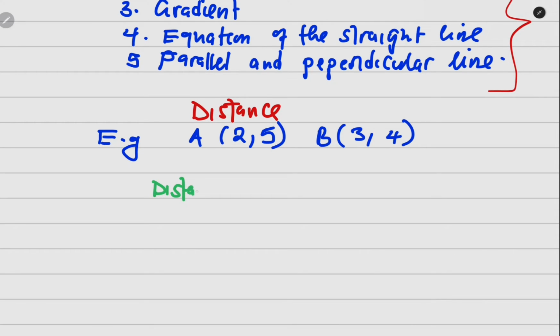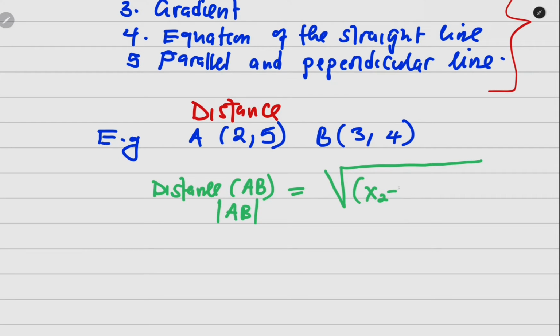Since we are looking at the points A and B, for distance AB, which can also be denoted as |AB|, you put them in the modulus like that. The formula is the square root of (x2 minus x1) squared plus (y2 minus y1) squared, everything under the square root.